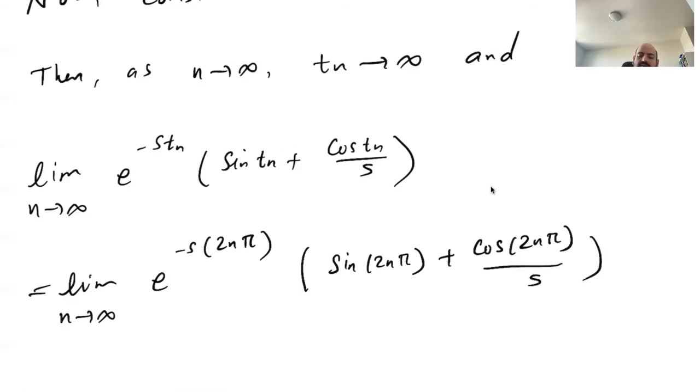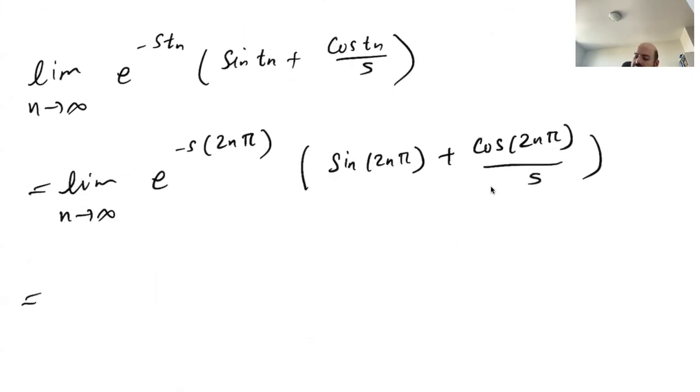Remember, n here is a positive integer. So sine 2n pi will be 0, cos 2n pi will be 1. So then this will be the limit of e to power minus s times 2n pi times 1 over s. Because this guy is 0, this will be 1, overall it will be 1 over s.